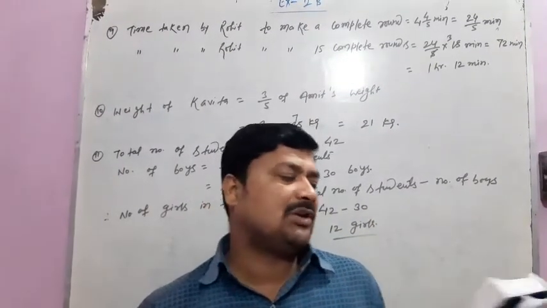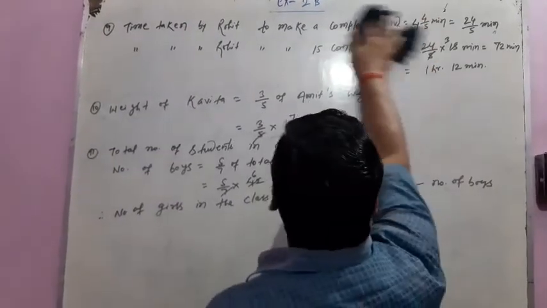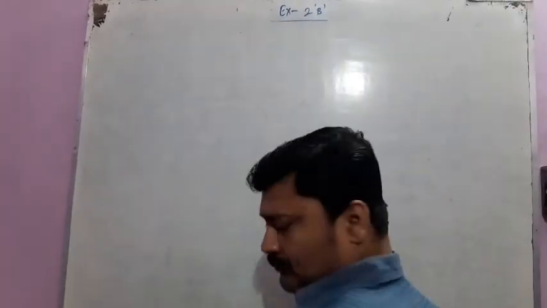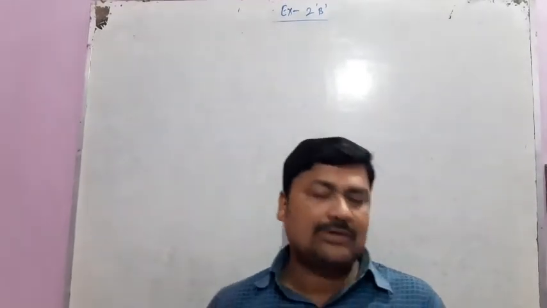Now moving on, question number 13. Look at question number 13 here. In question number 13, Sapna earns rupees 24,000 per month.